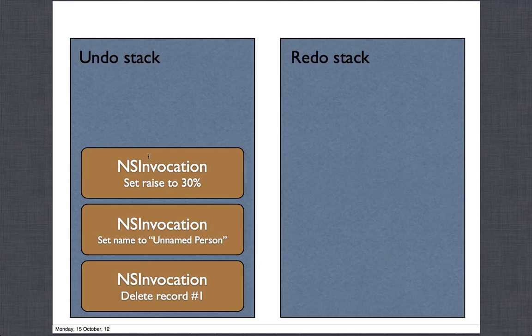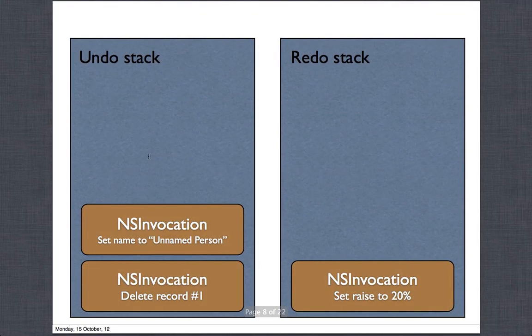So the user did these 3 things, and then decided to undo the last one. So the user hits Ctrl Z or chooses Edit Undo from the main menu, and then another message is put into the redo stack, and that last message is removed from the undo stack because, well, it's no longer there, it's undone.